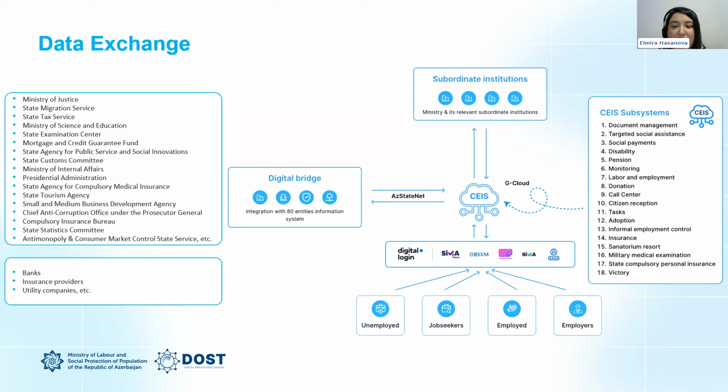While delivering services to citizens, in order to obtain information about them from the original source, integration was built between the centralized electronic information system and the information systems of over 80 public entities, including Ministry of Justice, Ministry of Internal Affairs, State Tax Service, Ministry of Science and Education, etc., and private institutions, including banks, insurance providers, and utility companies.